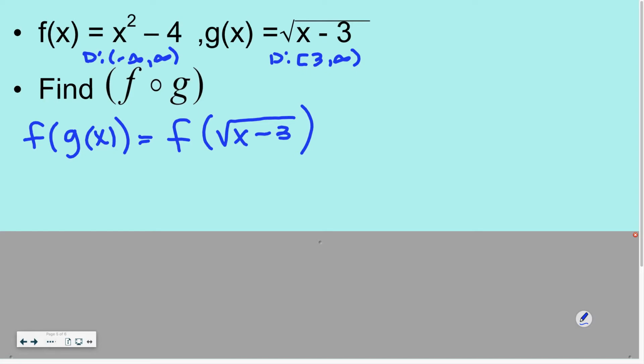If I had f of 2, I would take 2 and plug it in for x. If I had f of 100, I would take 100 and plug it in for x. So if we have f of radical x minus 3, we are going to take radical x minus 3 and plug it in wherever there's an x. So function f is x squared minus 4, but instead of x, we replace it with function g.